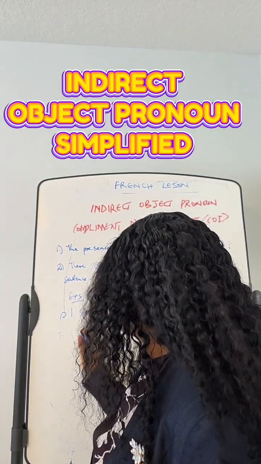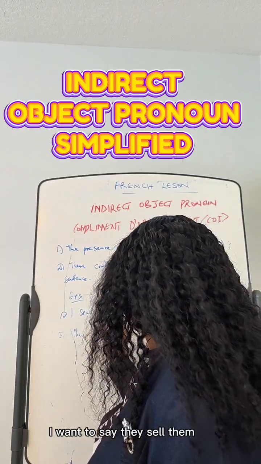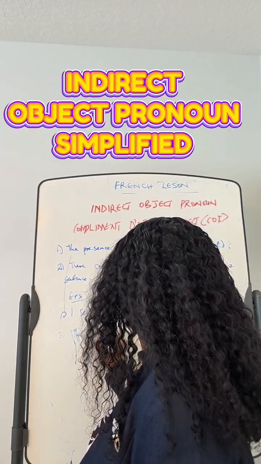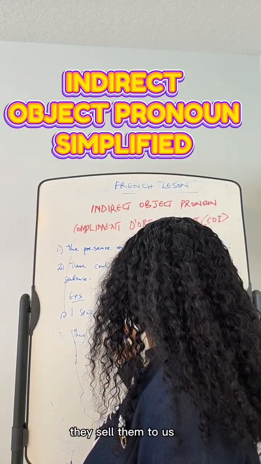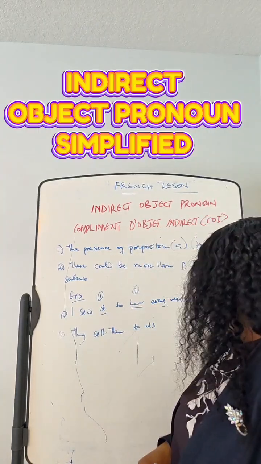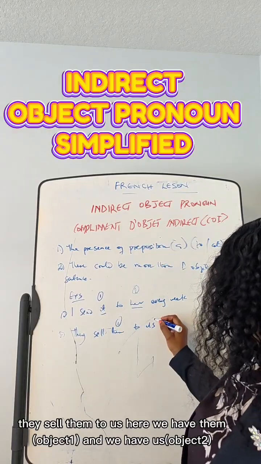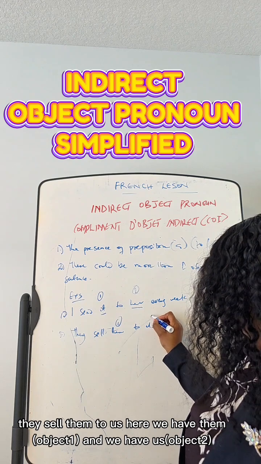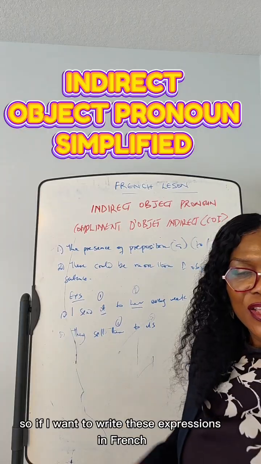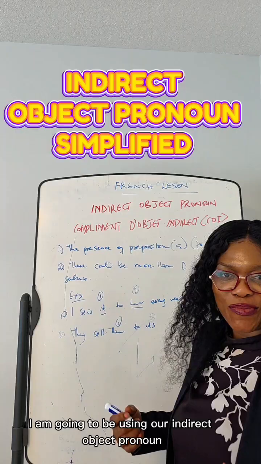Number two, I want to say they sell them to us. They sell them to us. Here we have them and we have us. So if I want to write these expressions in French, I am going to be using our indirect object pronoun.